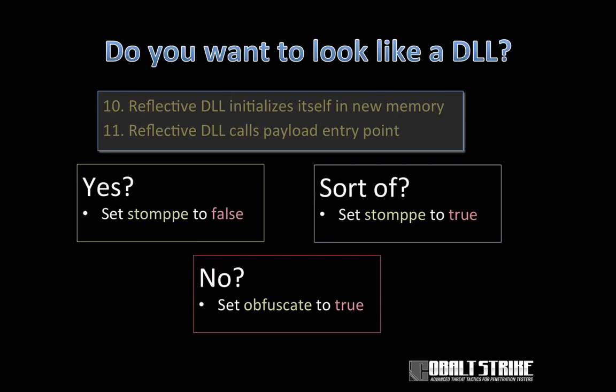What if you sort of want to look like a DLL, but really you want to look like a memory-injected DLL trying to hide itself? Well, set the stomp PE option to true. After the reflective loader initializes beacon into its new memory, it will go through and stomp a few critical headers needed to identify beacon as a DLL.